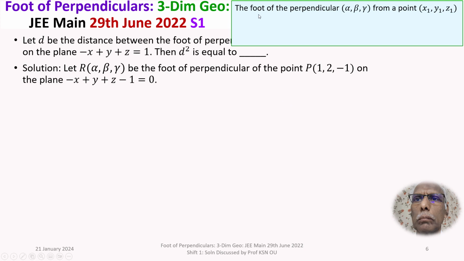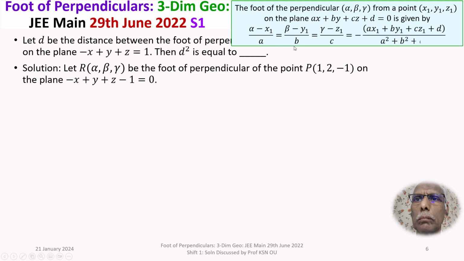The foot of the perpendicular, let us say with coordinates alpha, beta, gamma, from the point (x1, y1, z1) on the plane ax + by + cz + d = 0 is given by (alpha - x1)/a = (beta - y1)/b = (gamma - z1)/c = -(a x1 + b y1 + c z1 + d) divided by (a square + b square + c square).